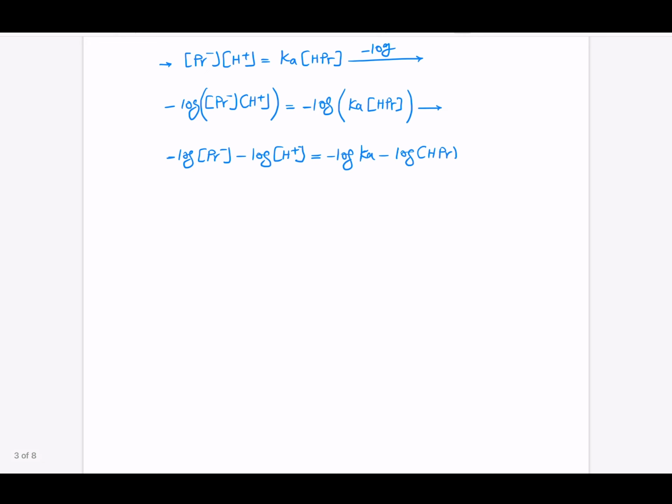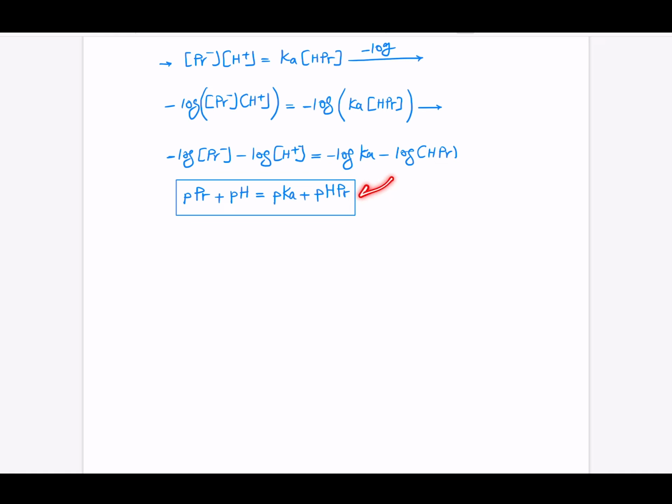Or as we define these P terms, basically this is small p PR plus pH is equal to pKa plus pHPR. So this would be the core line for all the mathematical operations we have, all the lines that we're going to have in a pC-pH diagram.